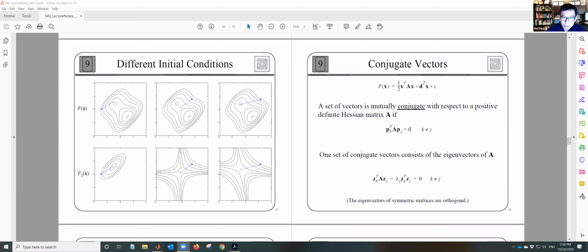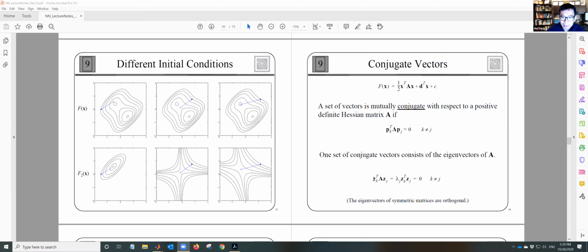If this equals 0 and k doesn't equal j, this is called conjugate. These 2 vectors are conjugate to each other with respect to the Hessian matrix A.